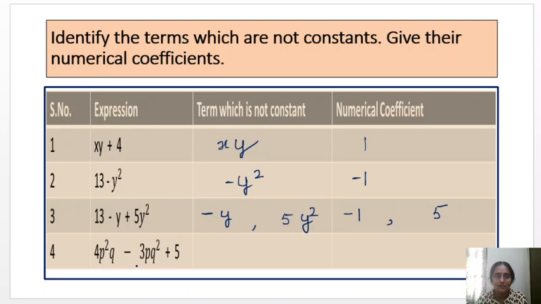These two are the variable terms. 4p square q is one term, and minus 3pq square is another variable term. 4 is the numerical coefficient and minus 3 is the numerical coefficient of the term minus 3pq square.